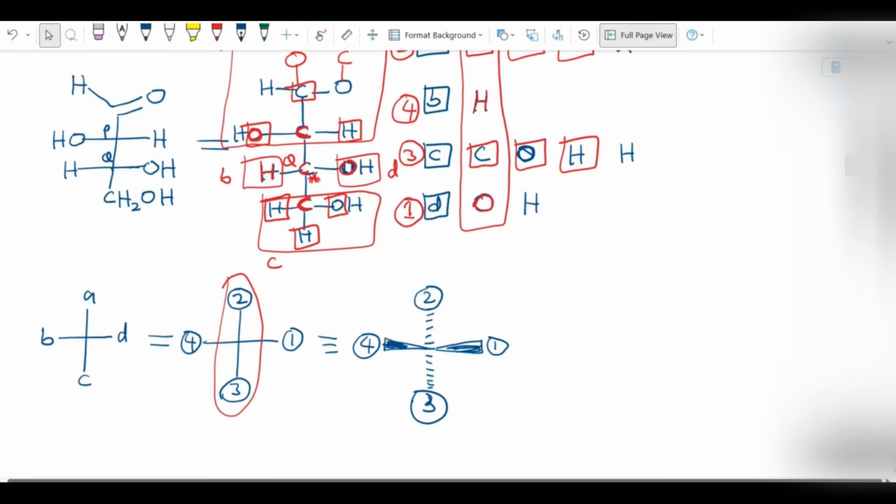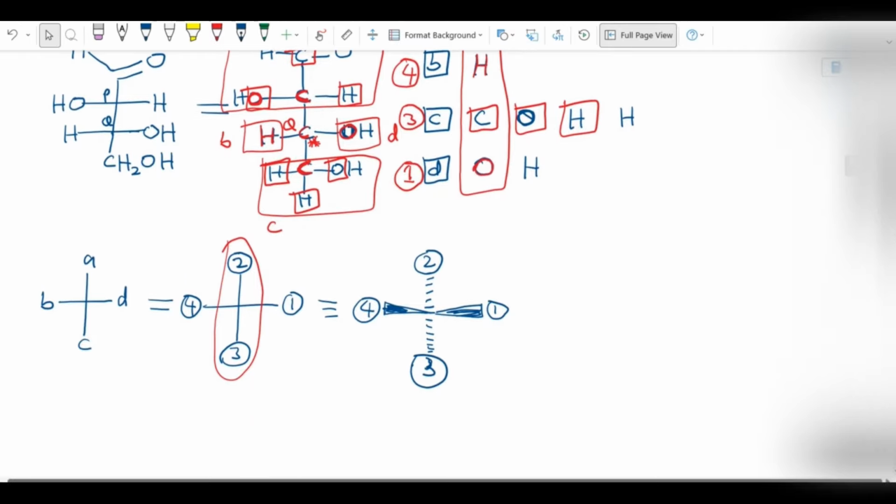In order to effectively assign the absolute configuration, we need to convert this Fischer projection to a proper three-dimensional structure. In a three-dimensional structure in a tetrahedral arrangement, you will have 2 line bonds, and the other bonds will have wedge and dash bonds.